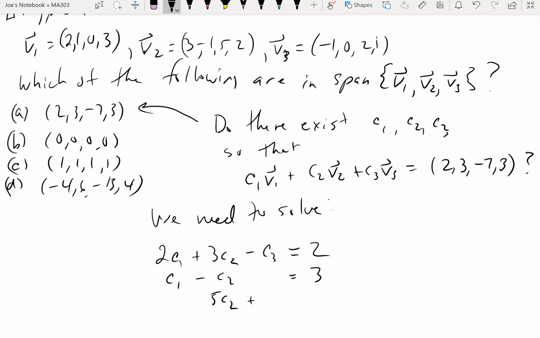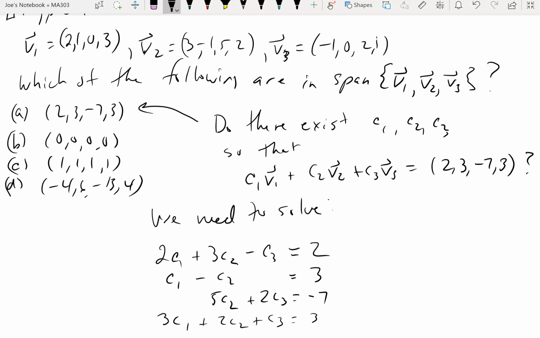Plus 2C3 equals -7, okay. And the last one? 3C1 plus 2C2 plus C3 equals 3.